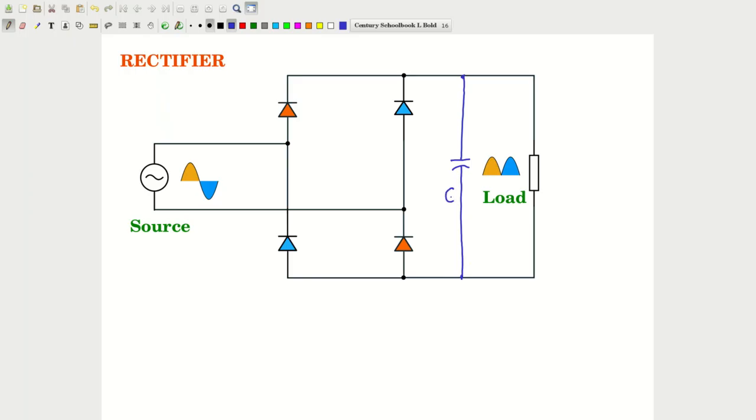This is a capacitor C. Now this capacitor will act as a filter and try to pass the current through the load, which is more or less a DC. Now at this point, it may be interesting to see some real components of the rectifier and the capacitors.